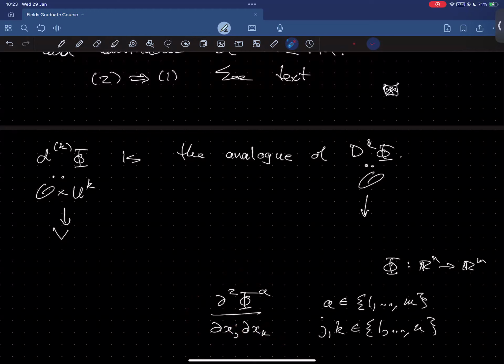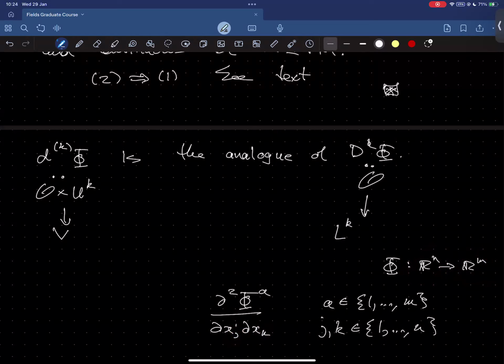Okay. And so what this means is that this isn't a linear mapping like the Jacobian, it's a multilinear mapping, which takes values in Rm, okay? And it's multilinear because it takes two vectors in Rn, corresponding to these two indices here, okay? So this is going to take its values in the set of multilinear mappings, so k.